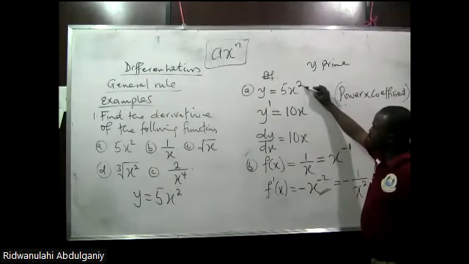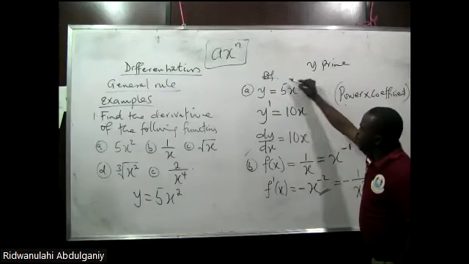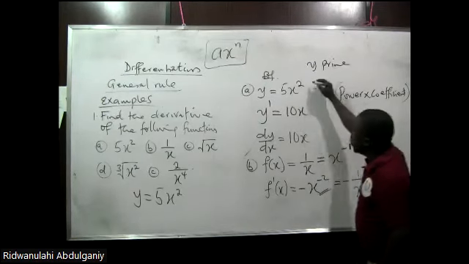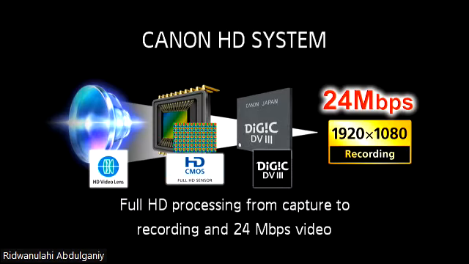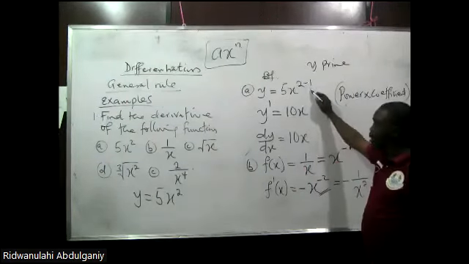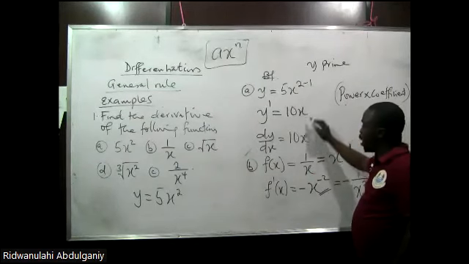What's the power? 2. Multiplied by 5, what's the answer? 10. Subtract 1 from the power. What's the answer? 1. So this is 1. That's how we get our result.